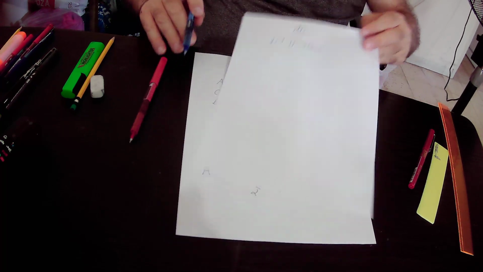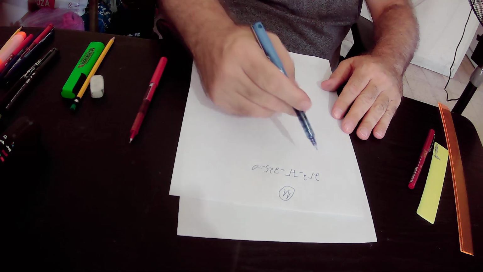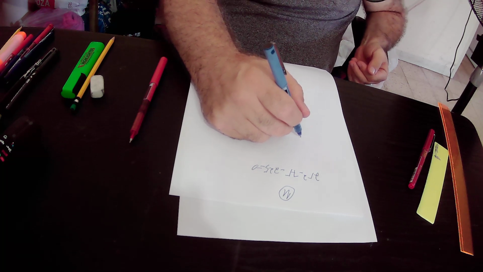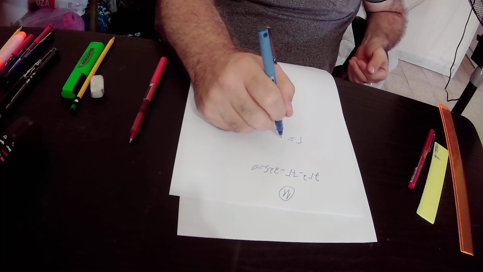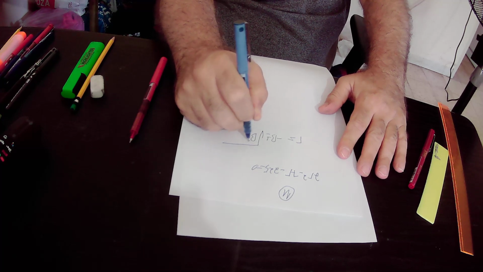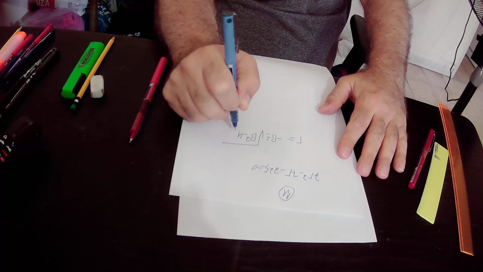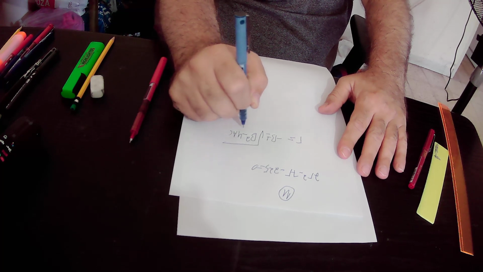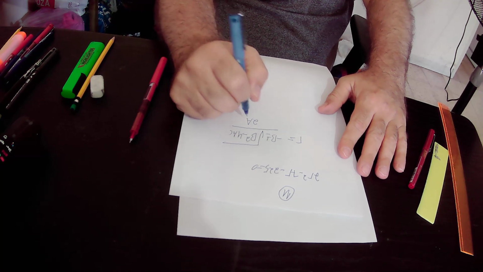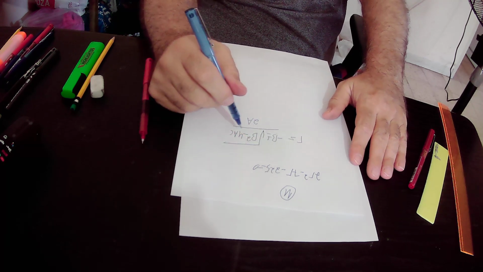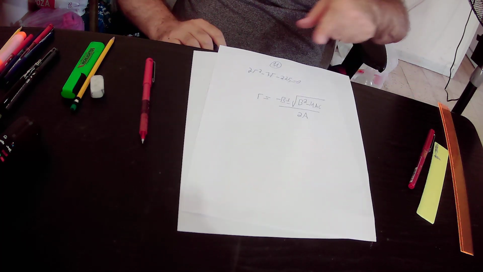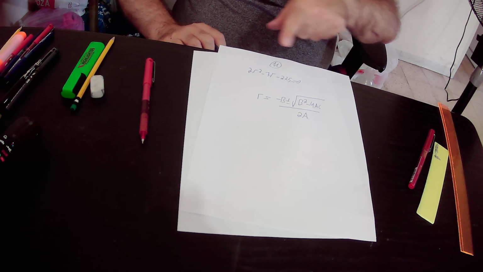Here the variable is R, so we have a special formula that states that R equals minus b plus minus root of b squared minus 4 times a times c, over 2 times a, where a, b, and c are the coefficients of this quadratic equation.